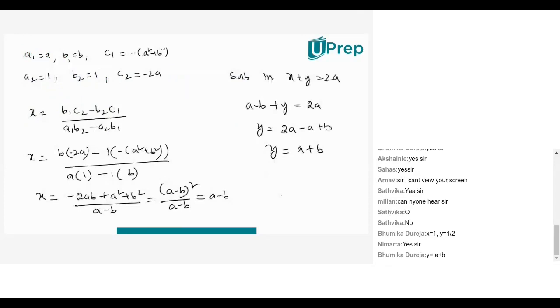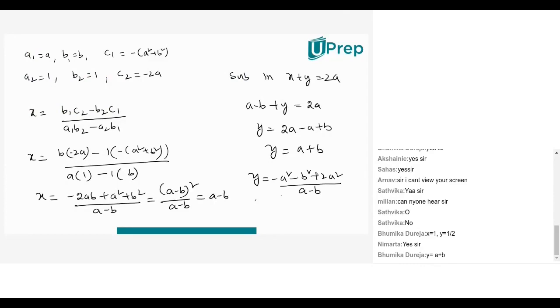What if we find the value of y using cross multiplication? Yes, you can do that. Using that, my answer is coming minus a square minus b square plus 2a square upon a minus b.